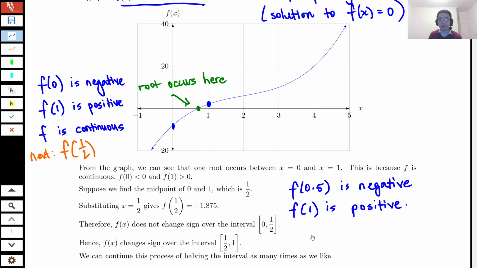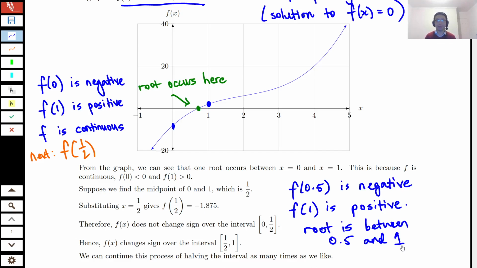So previously we concluded that the root was between 0 and 1. And now we can conclude the root is between half and 1. And now we just rinse and repeat for as long as we want.